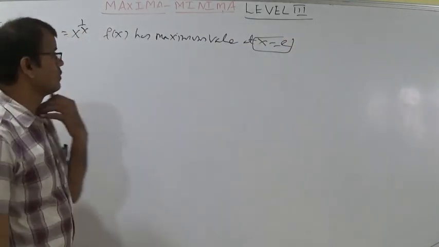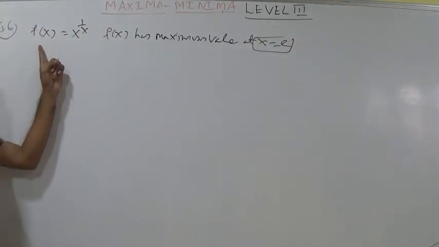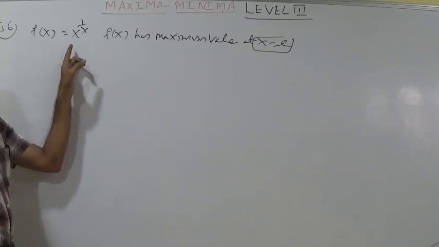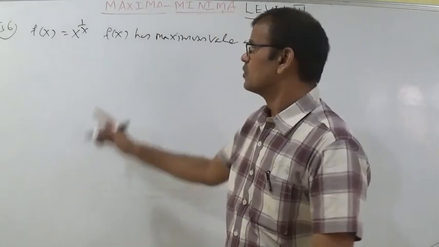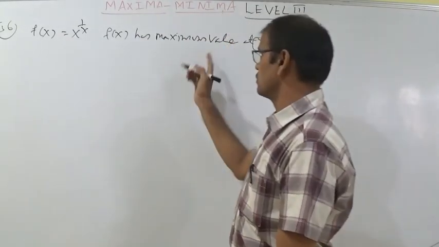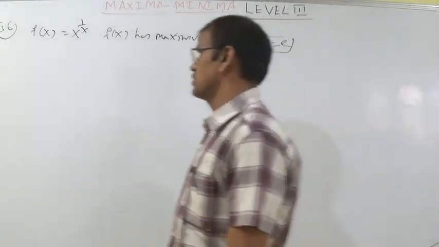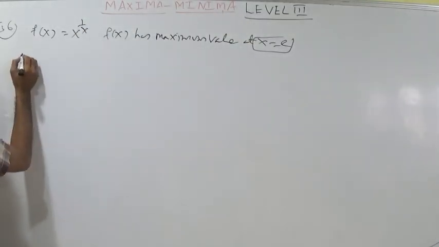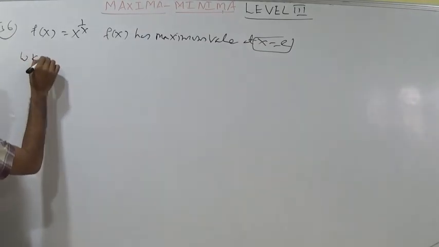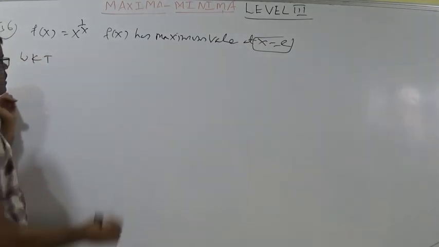If you calculate by taking y and taking logarithm on both sides, and dy by dx equal to 0, you will get the value x is equal to e. Anyhow, he has given the value x is equal to e. Therefore, we can write according to the options. We know that the same question was discussed in level 2.